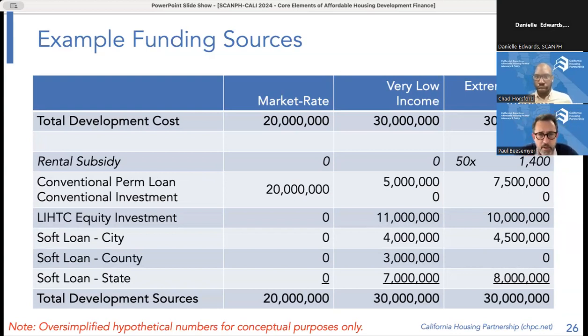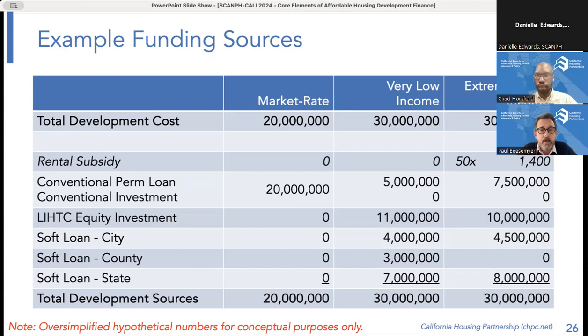Our very low income property, again, targeted to folks only at 50% of area median income, is only getting 5 million in a mortgage, 11 million from equity investment, and then it's going and securing another $14 million of other funding from city, county, state.